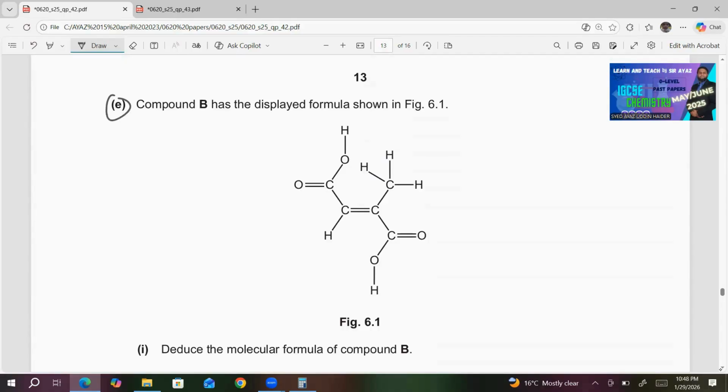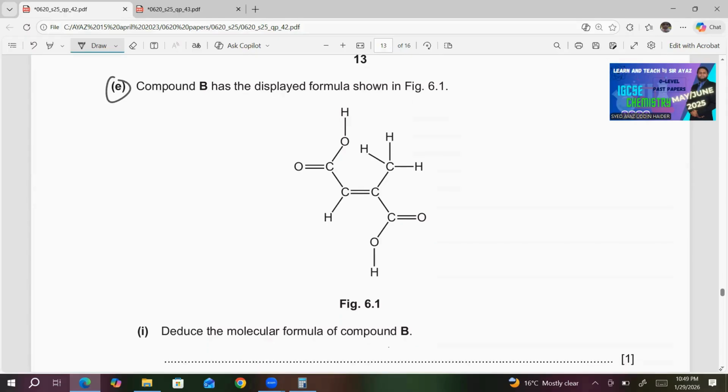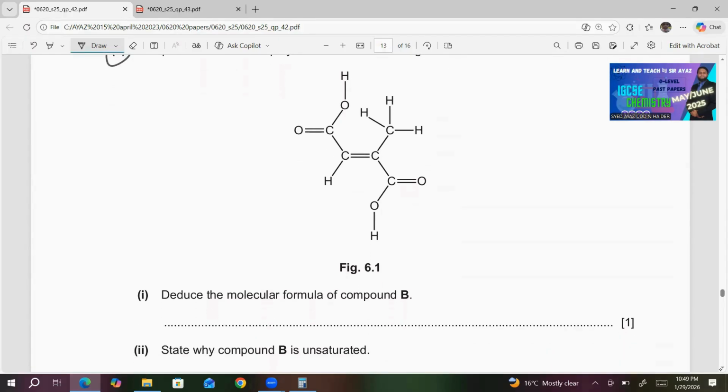Part E. Compound B has the displayed formula shown in figure 6.1. Deduce the molecular formula of compound B. So we are having C here, carbon, hydrogen and oxygen. Let's count carbon. 1, 2, 3, 4, 5.